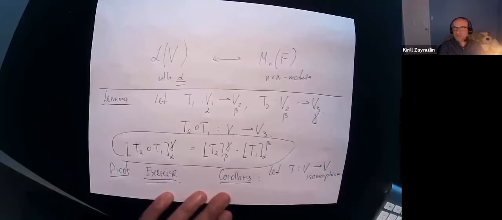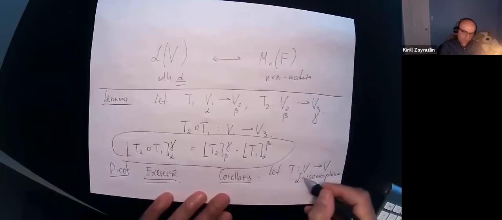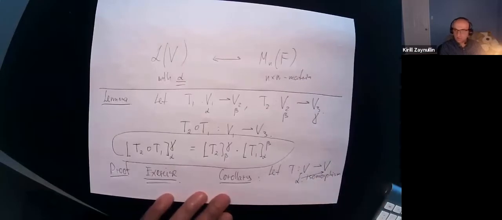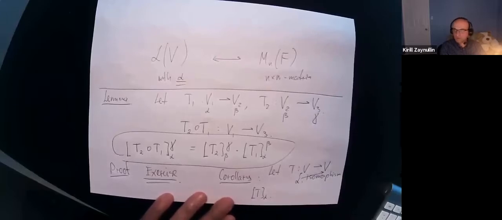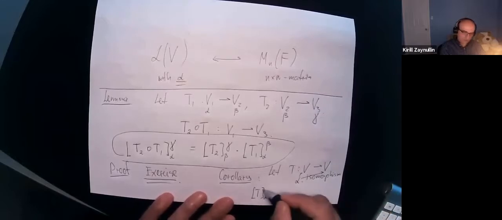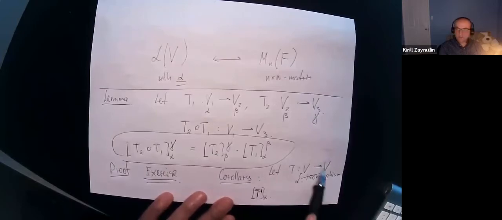So it is bijective, and we fix a basis alpha there, here and there, the same basis, okay? And then, let's look at the respective transformation matrix. One may wonder, what's the transformation matrix of the inverse? Again, this is an isomorphism, so this is a bijective function. So there's the inverse, right? And we know that the inverse is again a linear transformation.